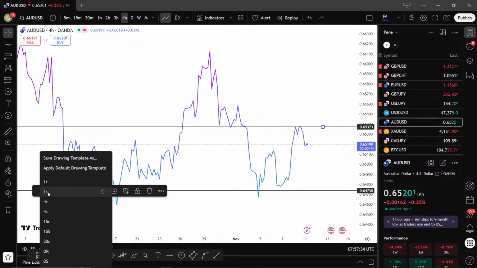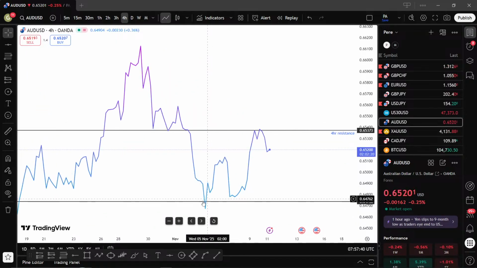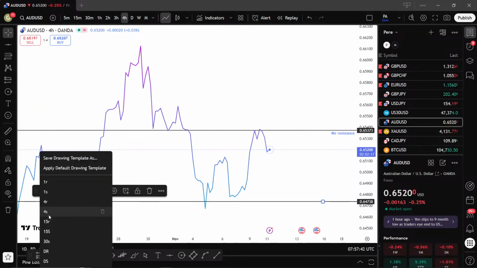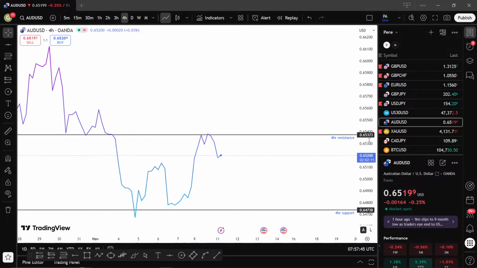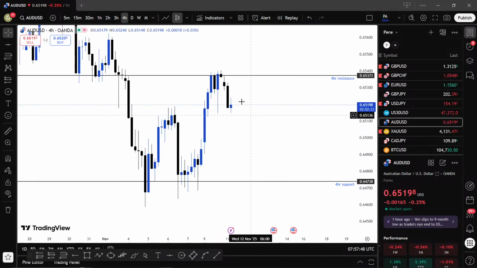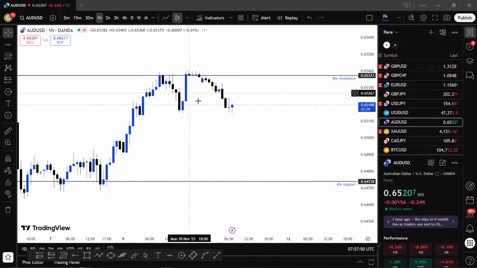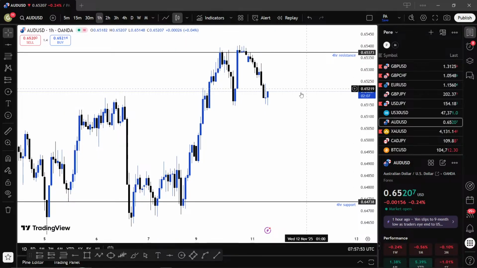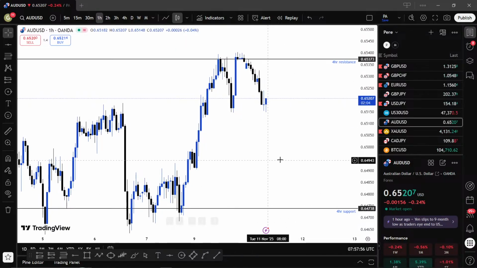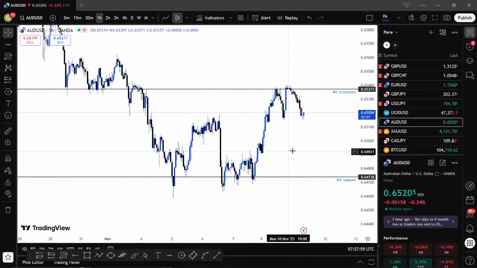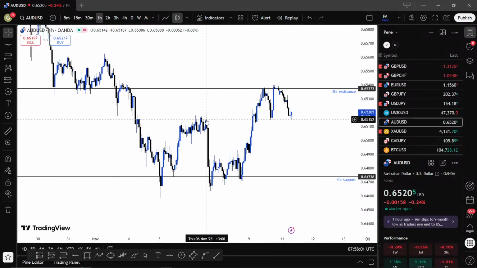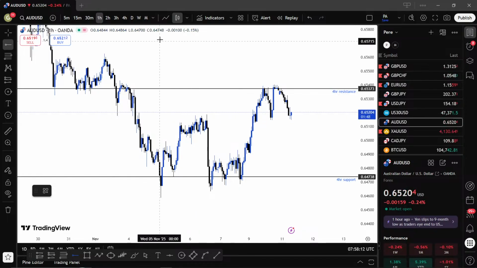Okay, 4-hour resistance, and I'll just name it the 4-hour support. Change over to the candlestick, go down to 1 hour. So for this market right now, it's currently sitting on this 1 hour resistance. Let me go back to the line chart.